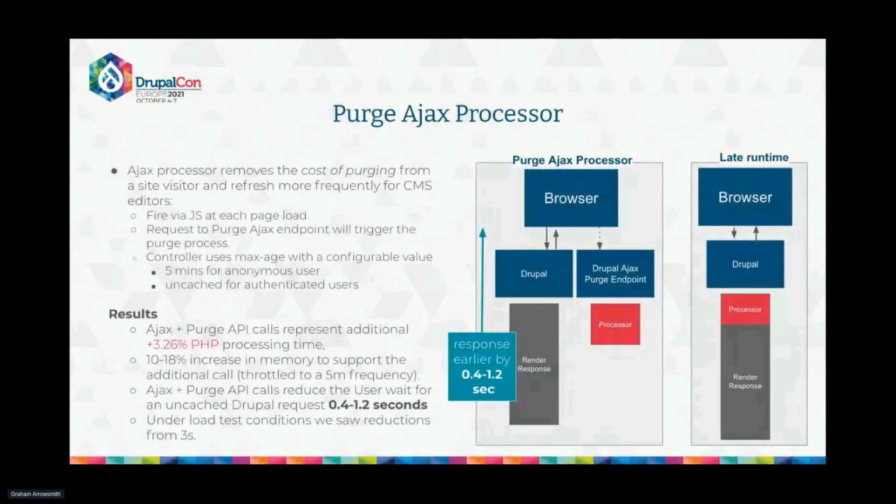And we came up with the Purge Ajax processor. Our goal here was removing the cost of purging from a visitor. When I discussed the late runtime processor, when we serve requests to the user, who could be the CMS editor, a customer or a client, we were putting in the cost of processing the purge queue while giving them their page.